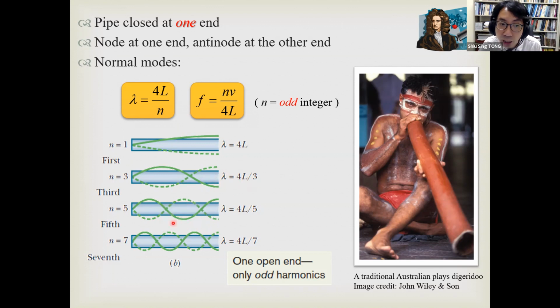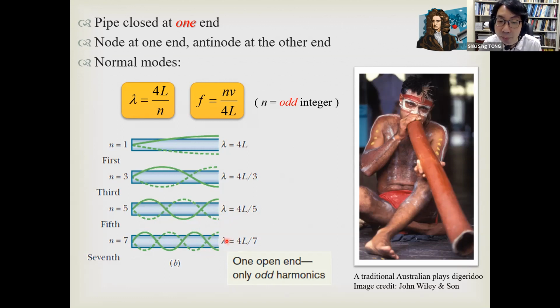And for n equal to 5, you have two more half wavelengths here. You can see in this figure, it is 1 and 1/4 wavelengths, so the length of the tube is equal to 5/4 wavelength. And for this figure, you can see the length of the tube is equal to 1 3/4 of a wavelength.